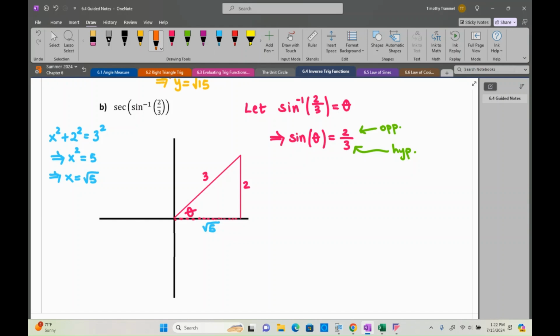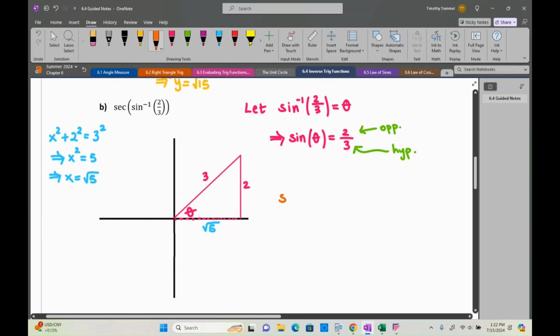There we go. And then next, we're kind of done with the hard part here. What we're going to do next is write in what we started with, which was the secant of sine inverse of 2/3. And remember that sine inverse of 2/3, we let that equal theta. So we're changing this problem into a slightly different one. We just want to find secant of theta here.